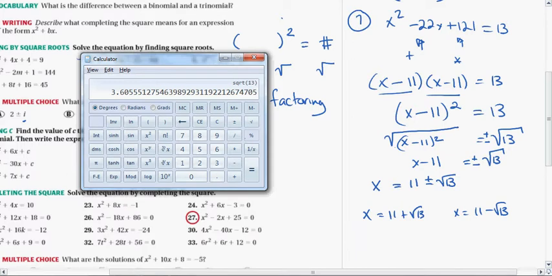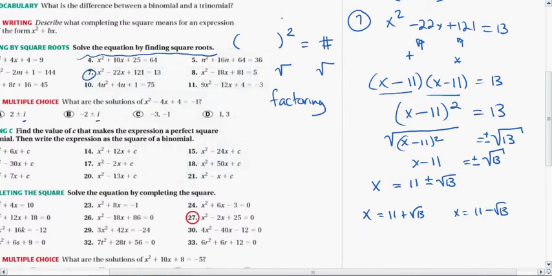So 11 plus 3.6 is about 14.6. And 11 minus 3.6 should be 7.4.